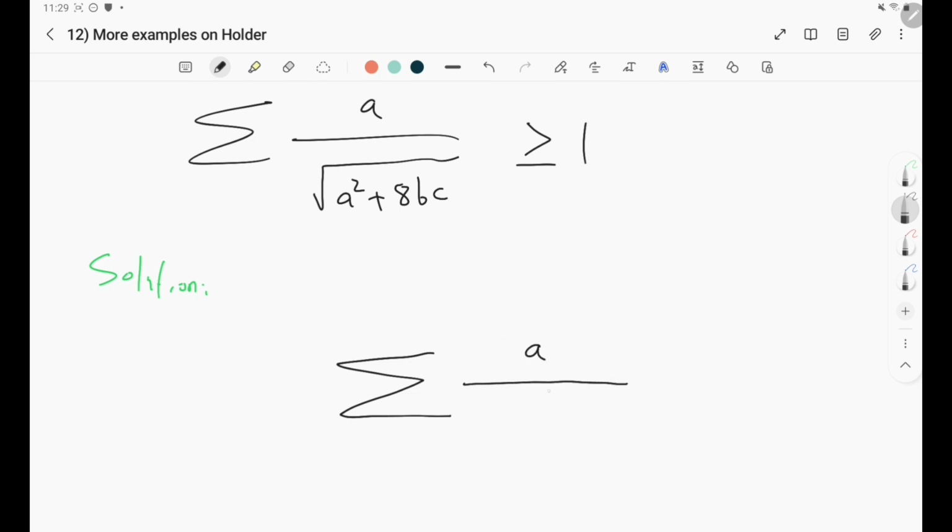We have a fraction here, root a square 8bc. So how can we get rid of the denominator? Well, very simple idea. We can just insert it here. A square plus 8bc. Okay, this is one idea.